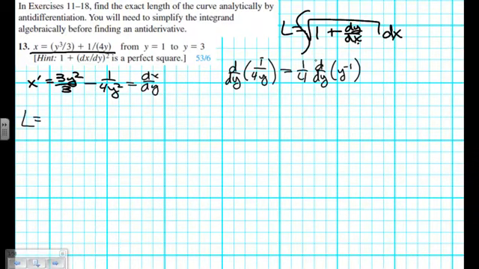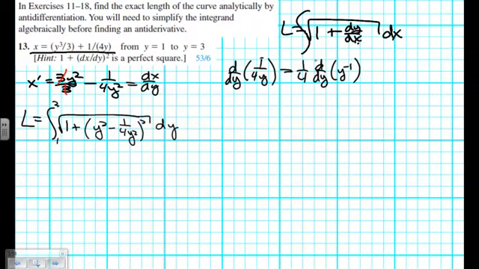And now the arc length is going to be the integral of 1 plus y squared minus 1 over 4y squared, squared, dy as y goes from 1 to 3. And that's going to be a perfect square. Let's find out how.